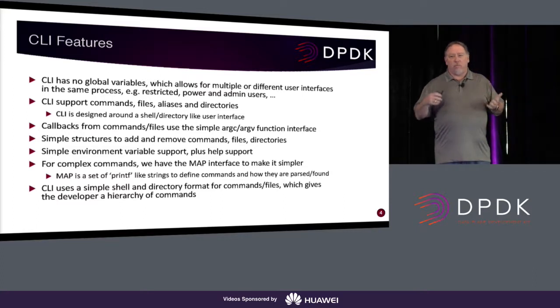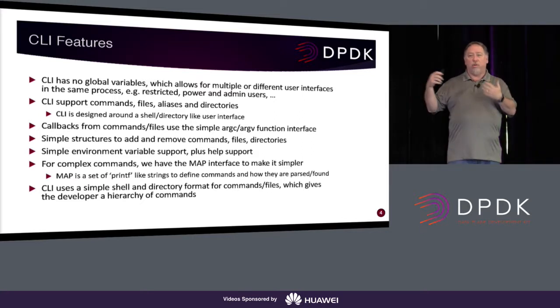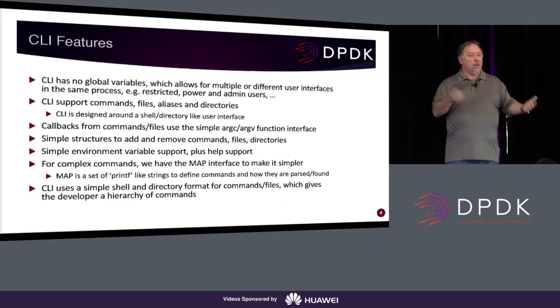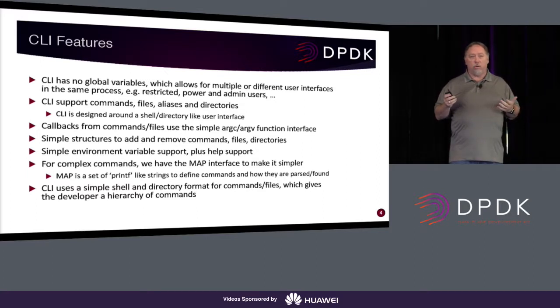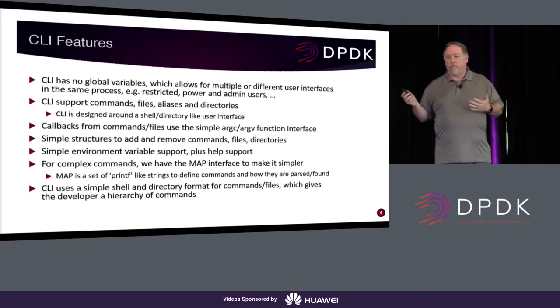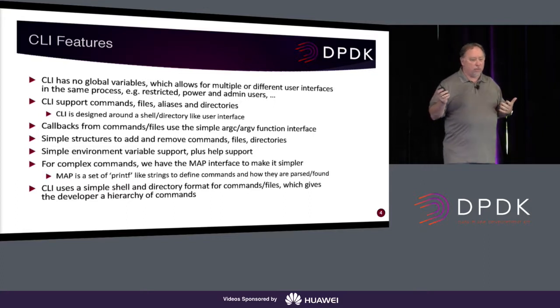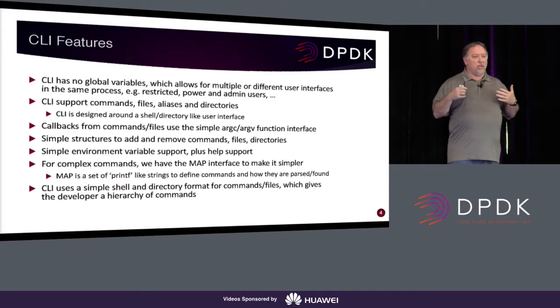But you can also add them from programmability, meaning from the code itself. You bring in a new .o, let's say, you link it into your image dynamically, you can then add a whole new directory or a whole new set of commands on the fly if you want, or take them away whenever an application goes away. So really the callbacks for these commands and files and so forth are argc, argv format.